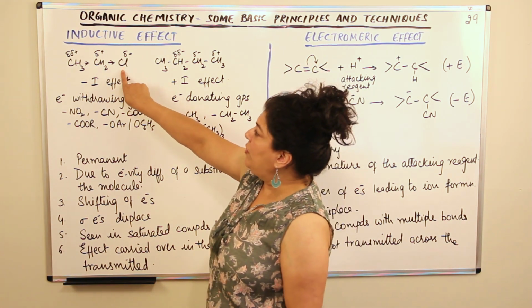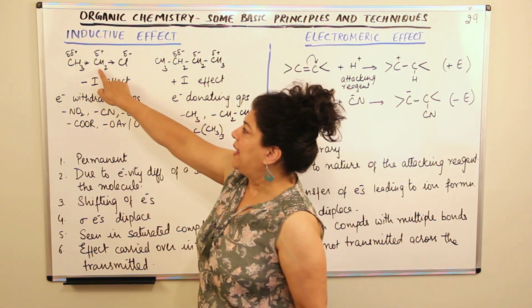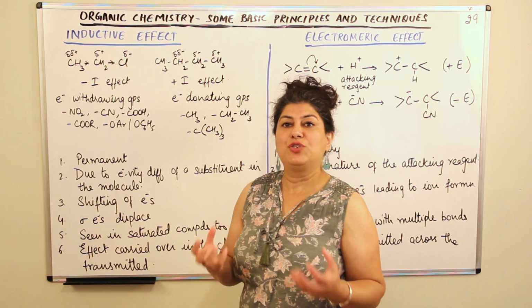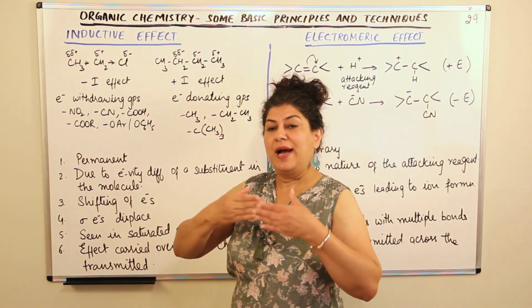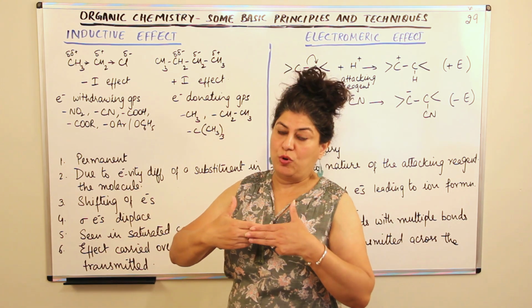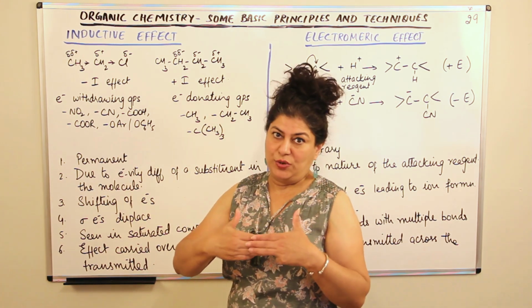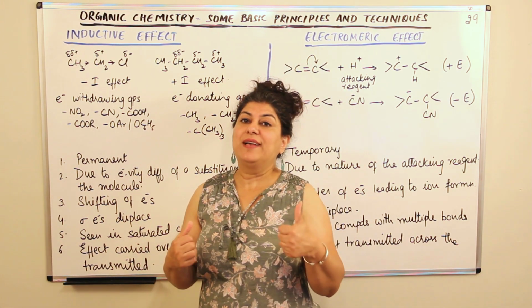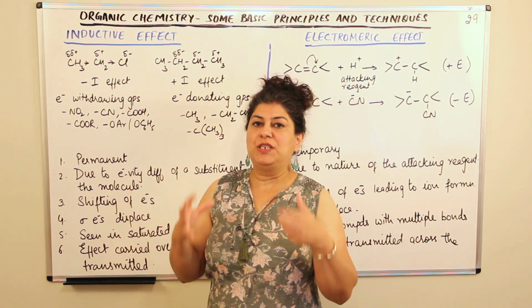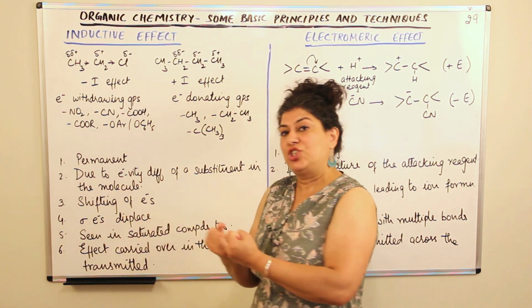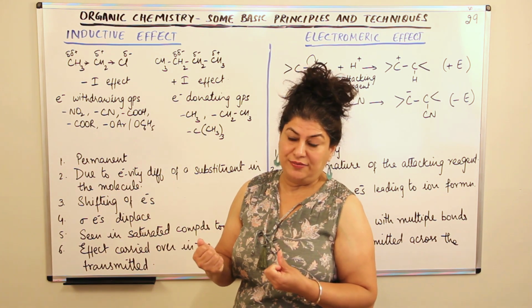In this case, chlorine is more electronegative than carbon. As a result of which, what happens, whenever two atoms which are bound by a covalent bond have different electronegativities, the atom which has more electronegativity has a tendency to pull the shared pair of electrons towards itself.